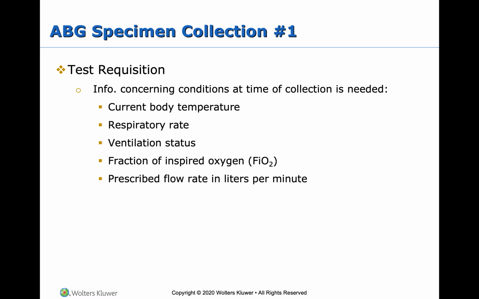So there will be a sheet that comes with the ABG, or there should be a sheet. If there's not, there should be, that has a list, and they have all of these on there, and there should be written in next to it what the words are. They need the current body temperature, the respiratory rate, ventilation status, and the FiO2, which if they don't have the flow rate, that's fine because you can calculate it yourself.